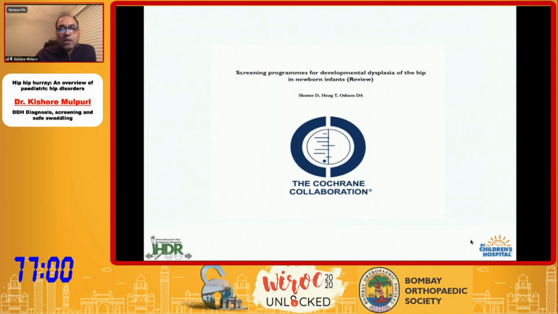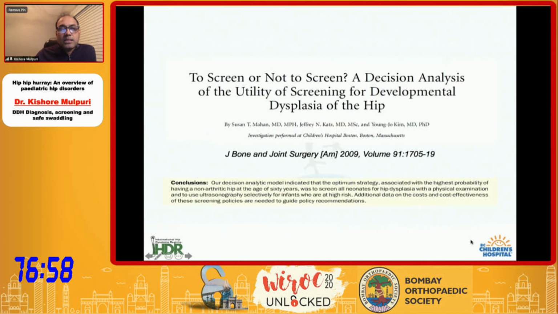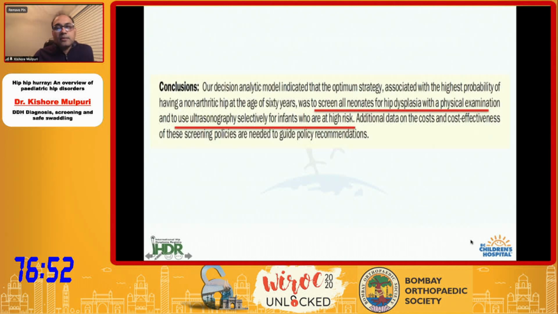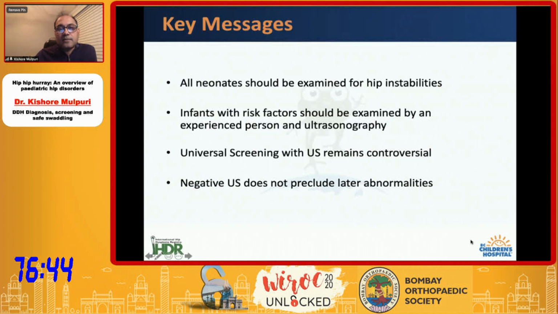And again, I'm not going to go into details about these different studies that are done on screening versus not screening, decision analysis. Really, the bottom line is all children should be clinically screened, and when in doubt or when risk factors are there, we should do selective ultrasound screening.